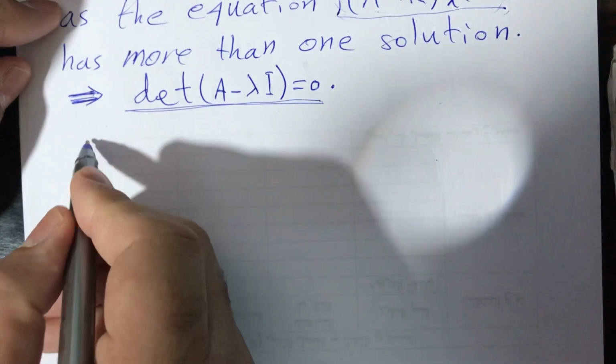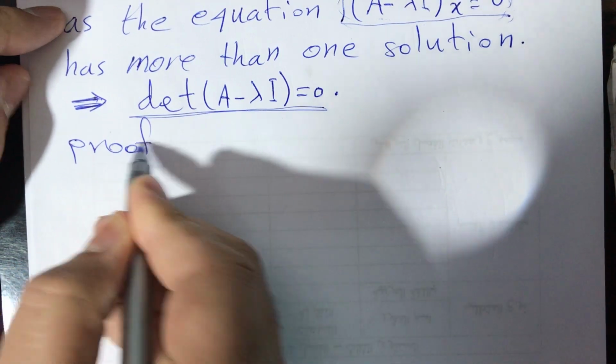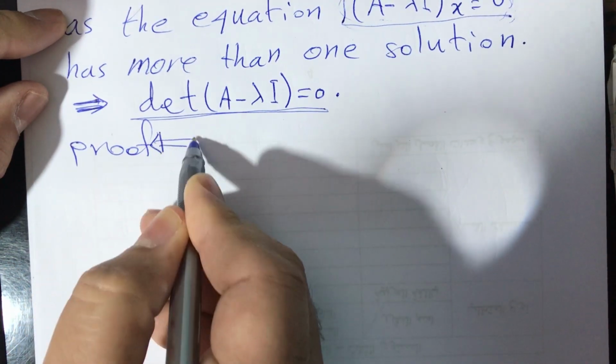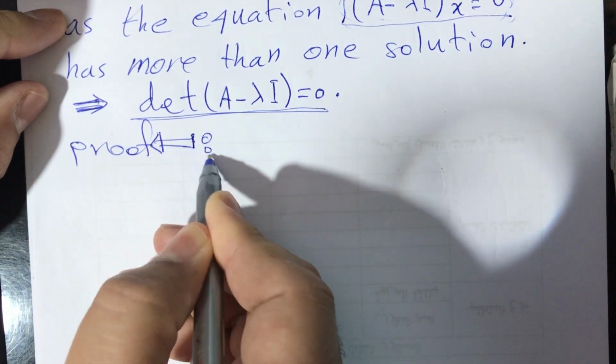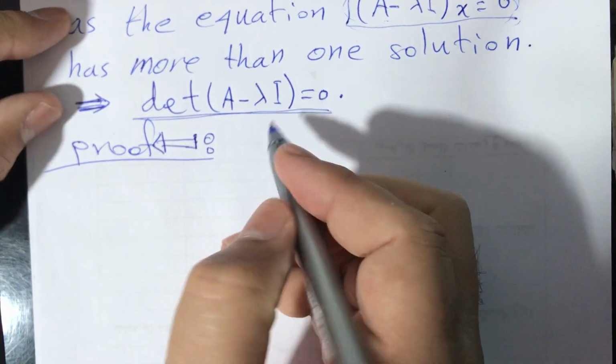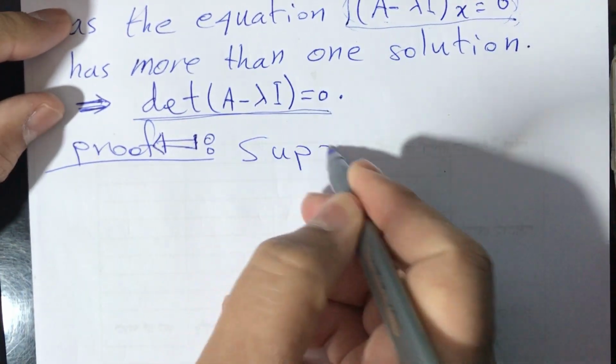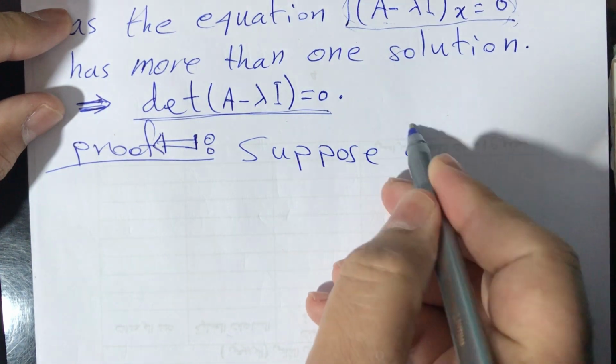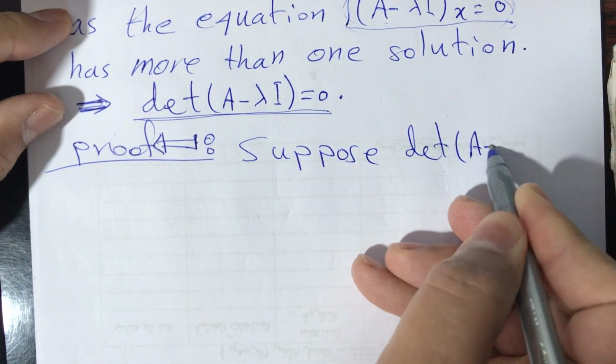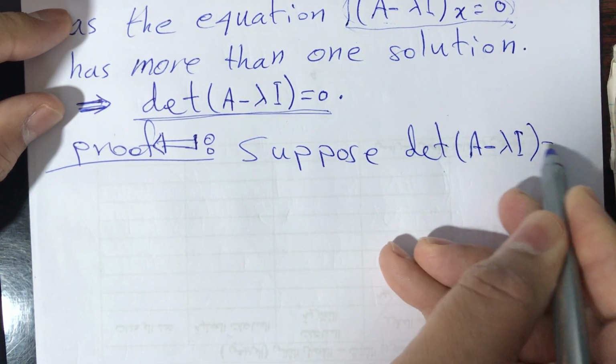Conversely, prove the other side. Suppose the determinant of A minus lambda I is equal to 0.